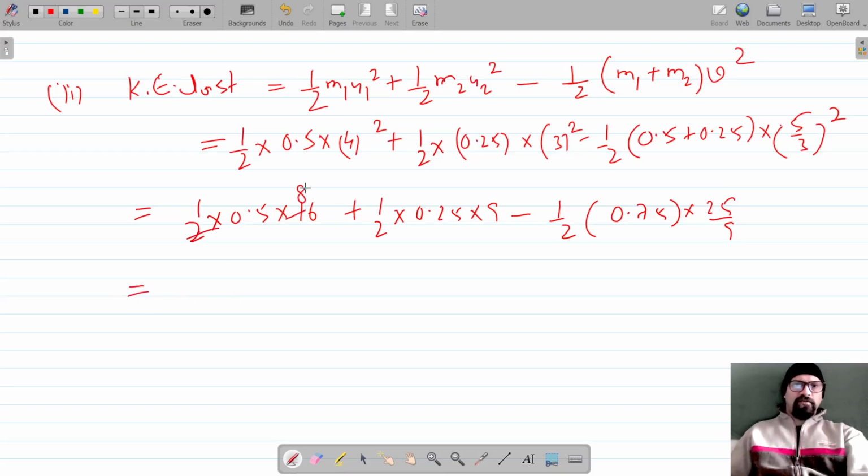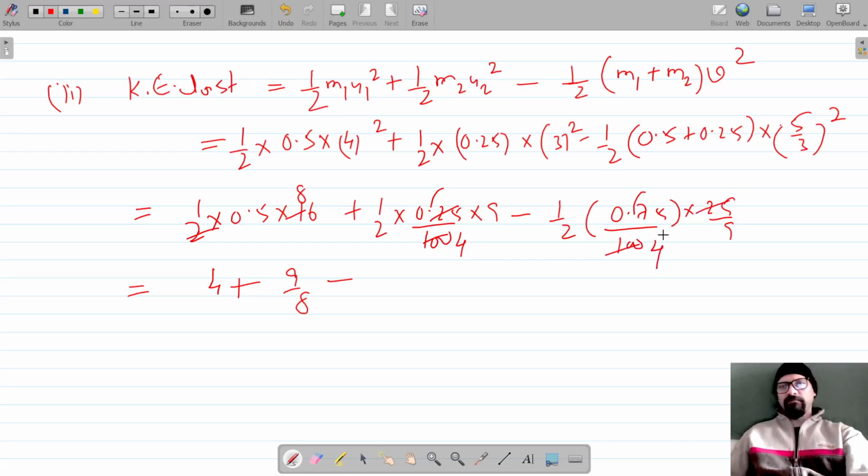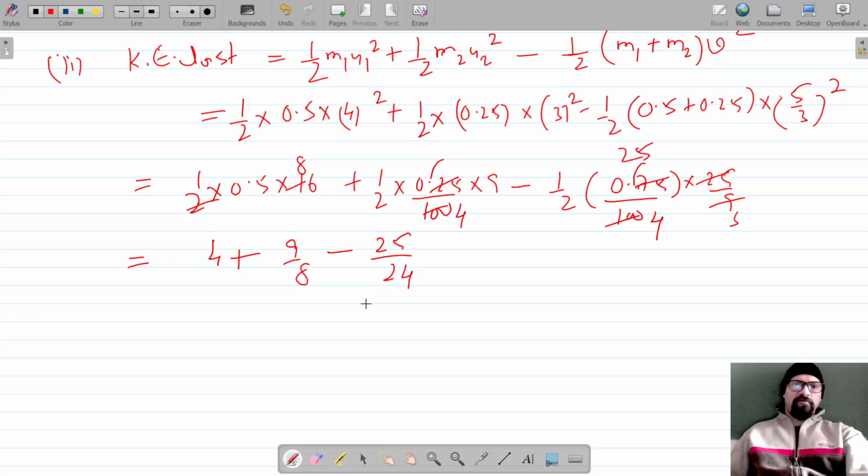Now 2 eights are 16, 0.5 into 8 is 4. This can be written as 25 by 100, so this is 4 and now it's 9 by 8 minus this can be written as 75 by 100. 25 fours are 100, and 3 threes are 9, 2 threes are 6, 5 threes are 15. So this is 25 by 4, 2 fours are 8, 3 eights are 24.